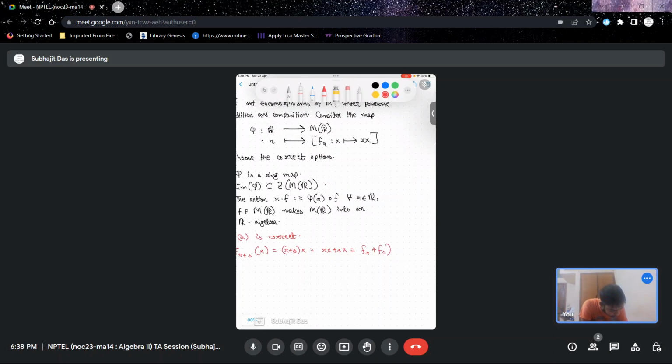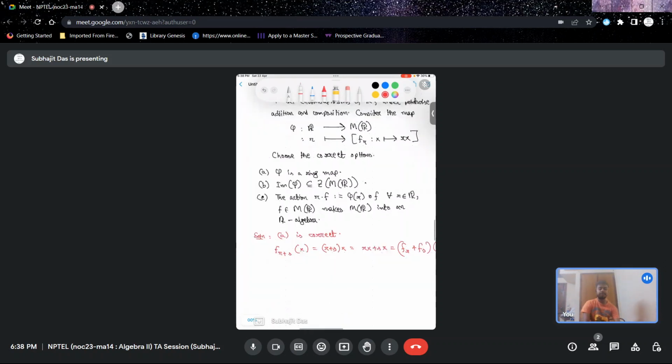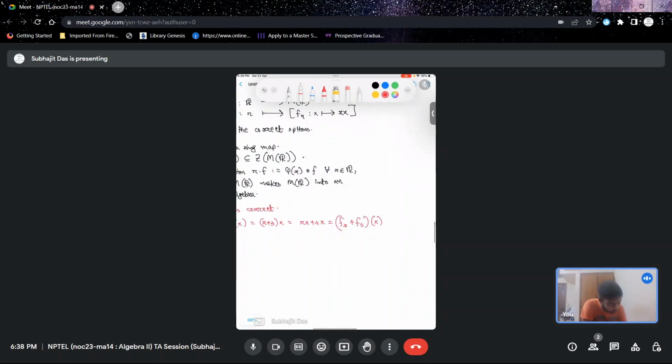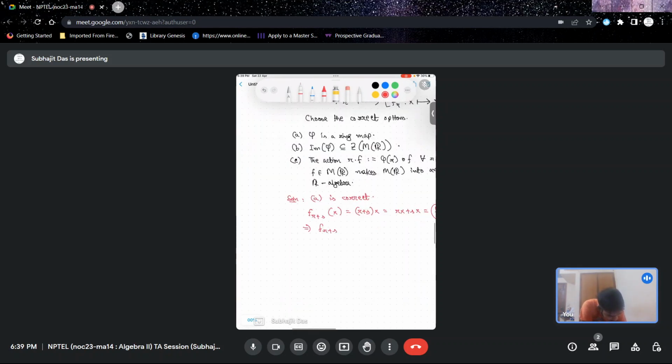Now both f_r plus f_s and f_{r+s} are mappings of R into R, and you know two mappings are equal if and only if they behave in the same way on the domain, right? They are equal elementwise. So this is true for all x in R, which implies f_{r+s} is equal to f_r plus f_s for all r and s in R.